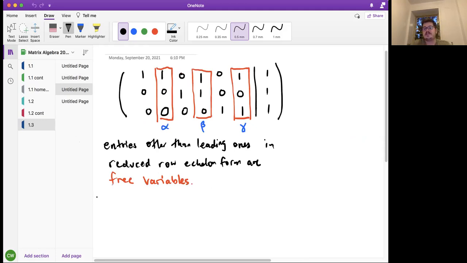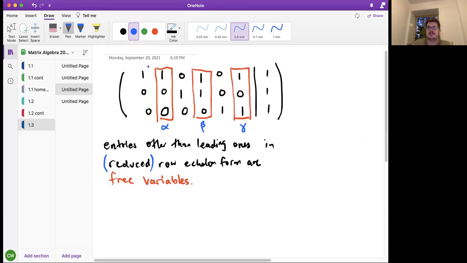Okay, so here's the general trick for free variables, and this is also true in row echelon. It doesn't have to be reduced, but this example is reduced. A way you can check where free variables exist is it's entries that are not leading ones.